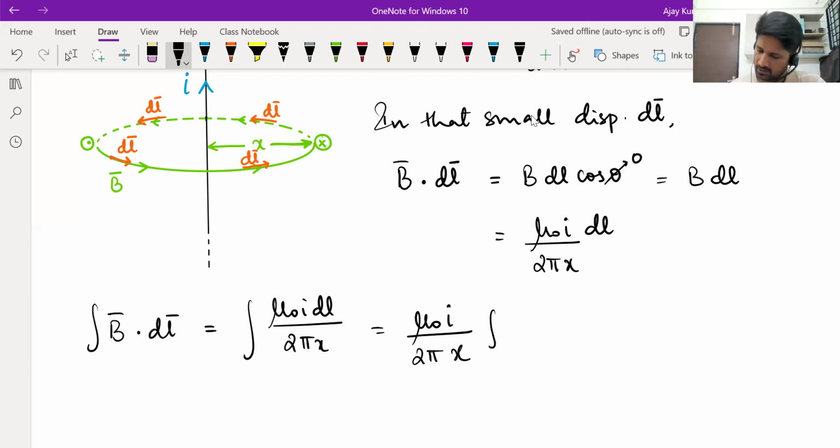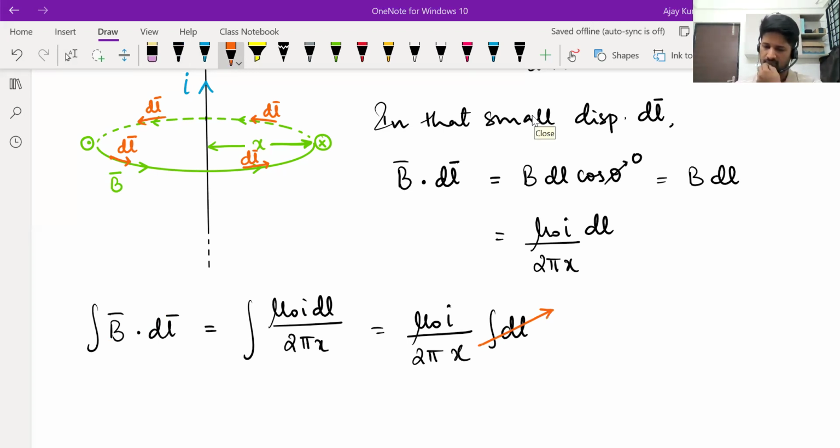All you're left with is integral dl, and it's not even integral dl vector, it's just the integral of the magnitude of dl. So if you integrate all the dls, can one of you tell me how much it becomes? Just integrate the lengths of all those small displacements. How much does it become?